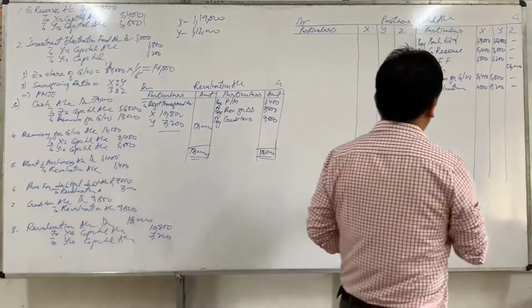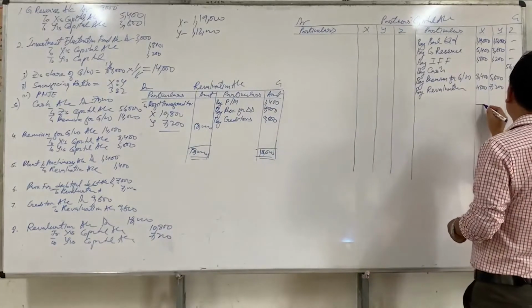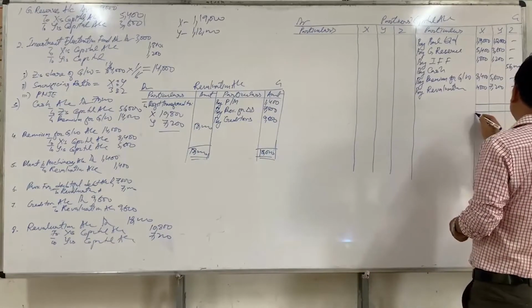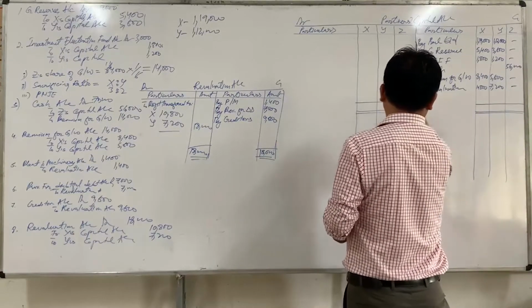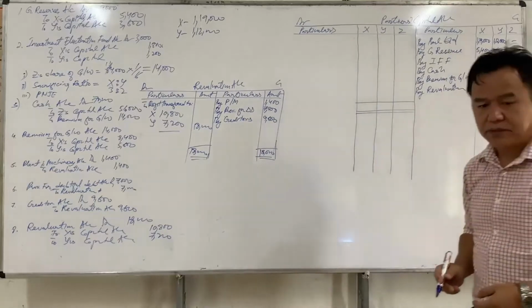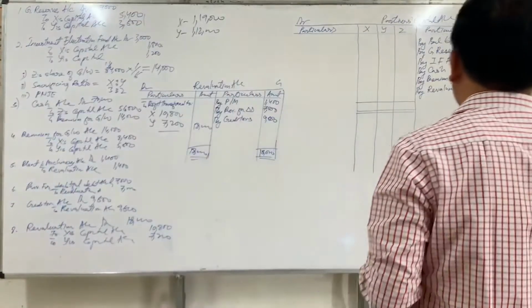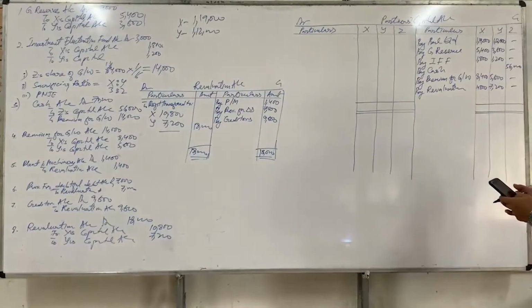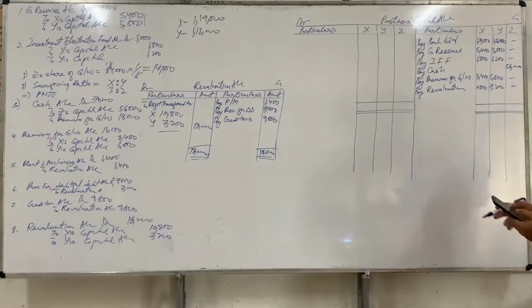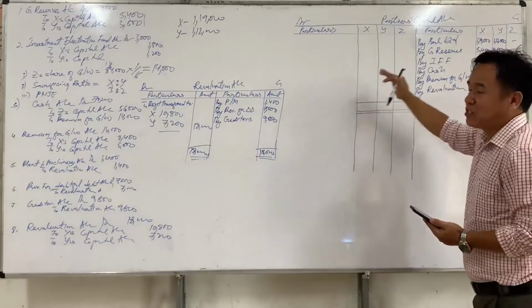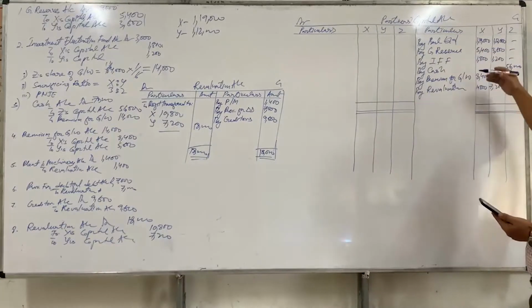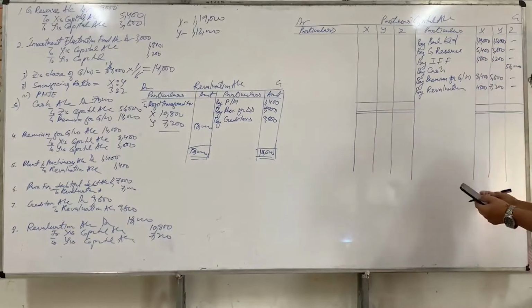Now we have to balance the partners capital account. Since the credit side of partners capital accounts is more than the debit side, partners capital account shows credit balance. So we need to write the total of the credit side.